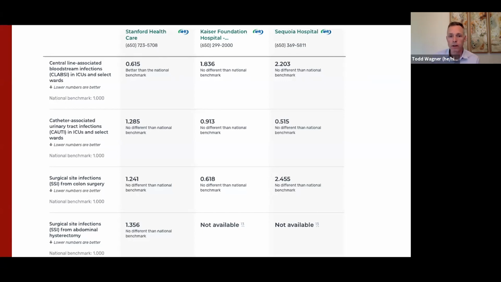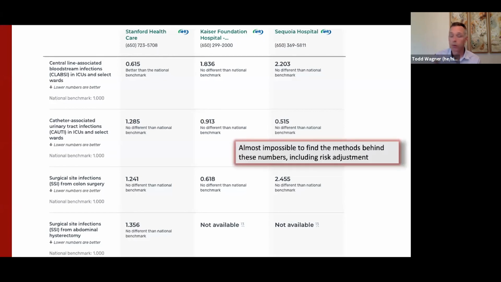You'll notice high variation, but then note that they all say that these are better than the national average, no different than the national average, and you get to see how they stack up. And then when there are small sample sizes, you see not available. So there's risk adjustment involved in here, but it's really hard to find the actual methods behind all of the Hospital Compare data, surprisingly so.